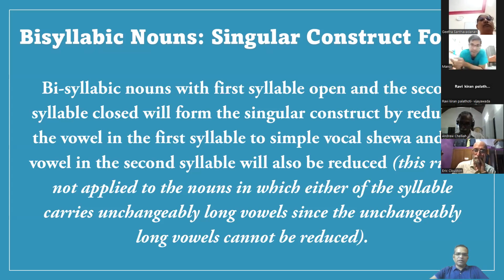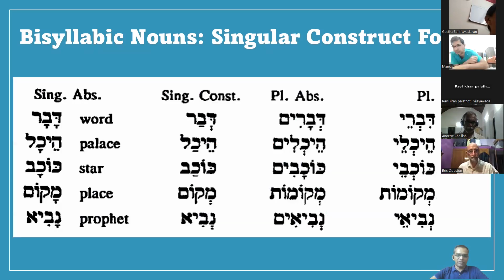Bisyllabic nouns with first syllable open and the second syllable closed will form the singular construct by reducing the vowel in the first syllable to simple vocal Shiva, and thus the second syllable long vowel will be further reduced. This rule is not applied to the nouns in which either of the syllables carries an unchangeably long vowel. If there is an unchangeably long vowel, as you know, it cannot be removed. So that's what is applied here.